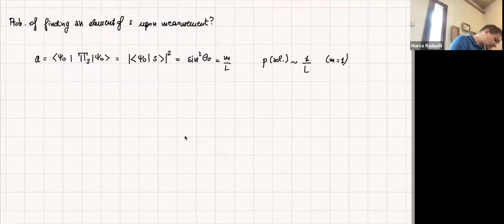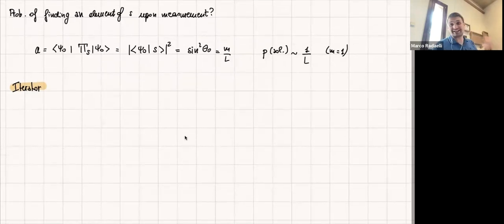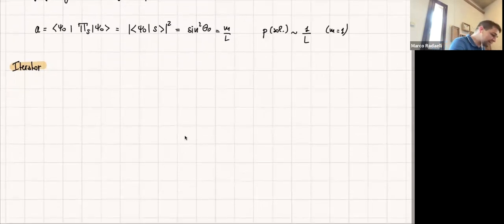The idea is that of a so-called iterator. What is an iterator? An iterator is a unitary operator that we apply a given number of times. We will have to think about how many times. The nice thing about thinking of it in a bidimensional space is that we can represent our states on a Cartesian plane.